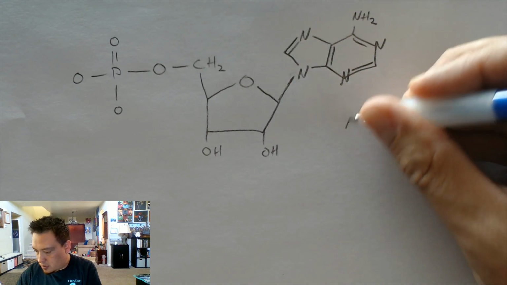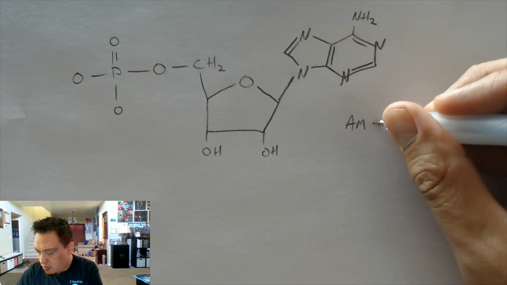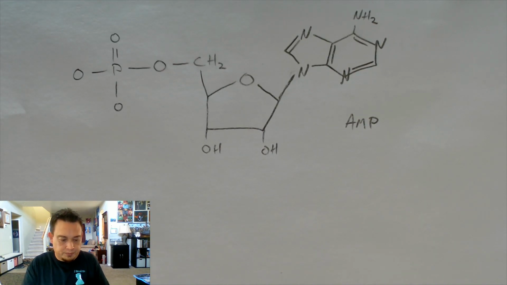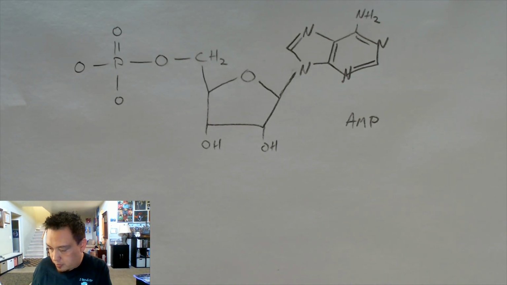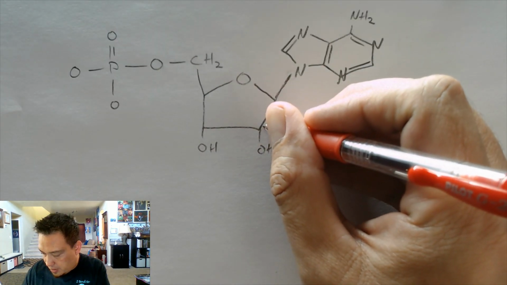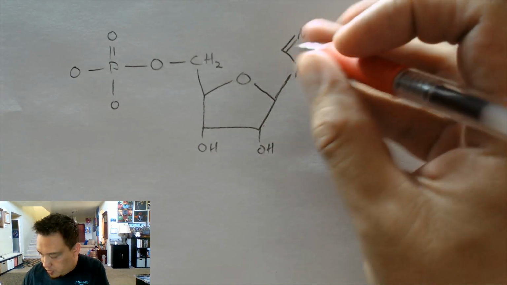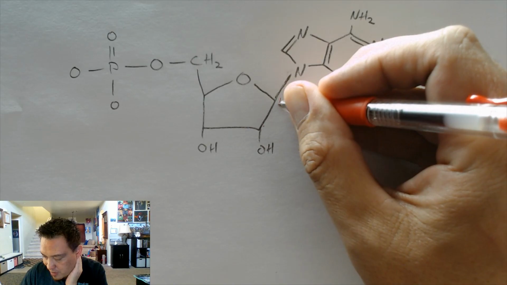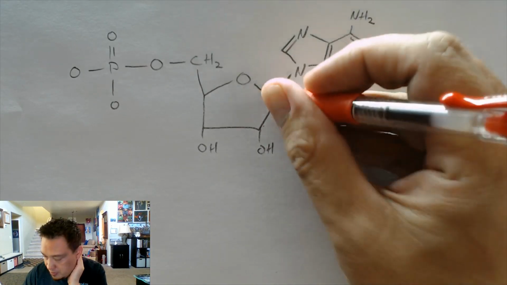RNA? And how do you know that? There's an oxygen on the sugar. Carbon 2. So remember, if you're numbering on the sugar, carbon number 1 is here, the anomeric carbon.